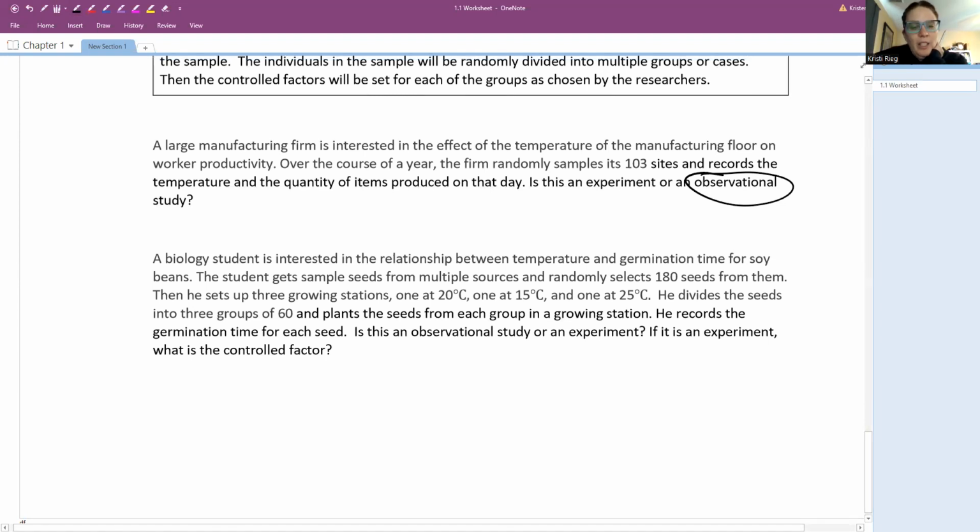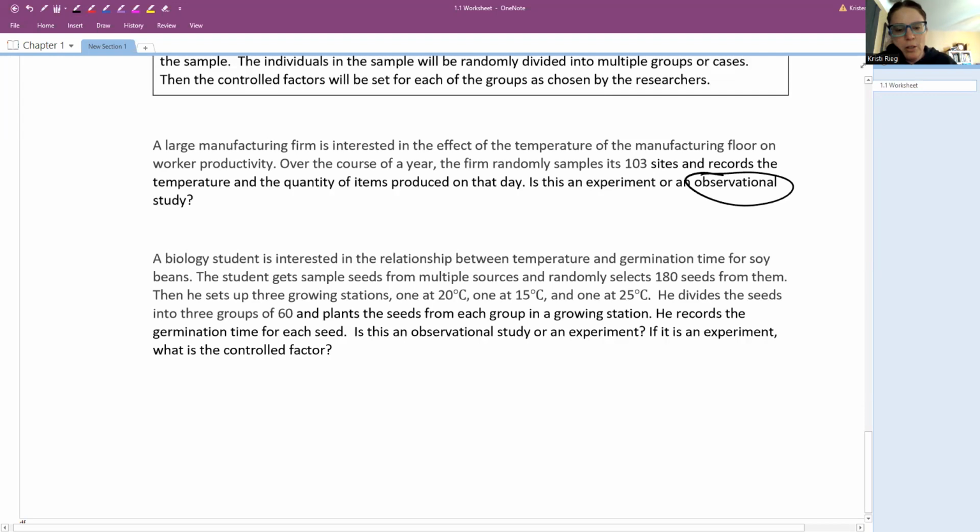A biology student is interested in the relationship between temperature and germination time for soybeans. So they get sample seeds from multiple sources and randomly select 180 seeds from them. He sets up 3 growing stations. One's at 20 degrees Celsius, one at 15, and one at 25. He divides the seeds into 3 groups of 60, plants the seeds at each temperature, and records the germination time.